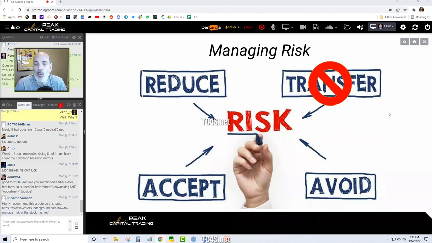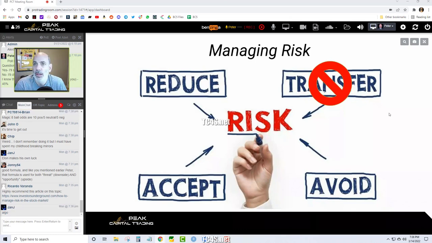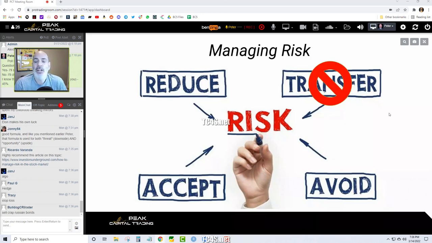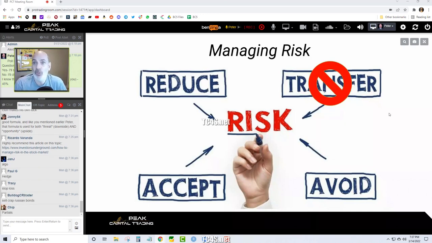Now, can anybody think of a way you could transfer risk in trading? Algos? That doesn't really transfer risk. Hedging doesn't transfer it either, I would argue, because you're not giving the risk to someone else. That's a way to manage risk or to reduce it. Transferring risk would be being a trader in a prop trading firm, because you're actually transferring the risk of loss to the trading firm.